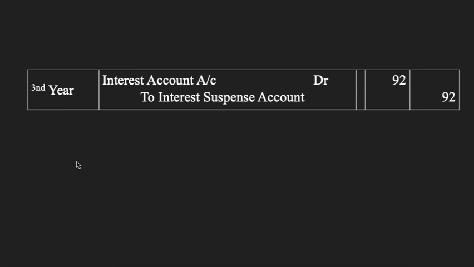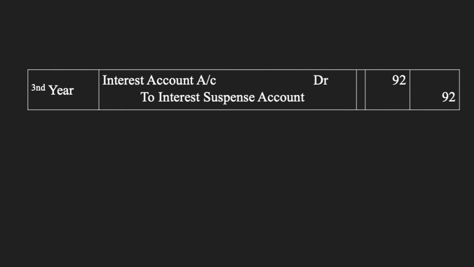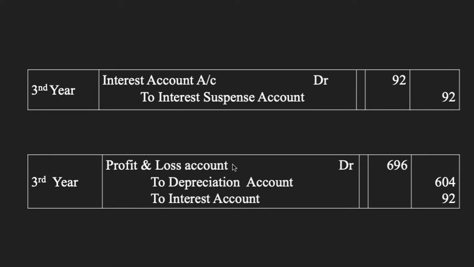And then both interest as well as depreciation account are going to be transferred to the profit and loss account: profit and loss account debit to depreciation account and interest account, and the amount is 604 plus 92 rupees.